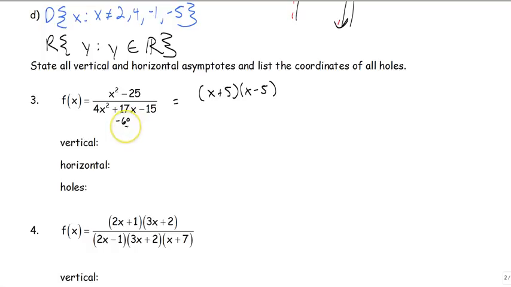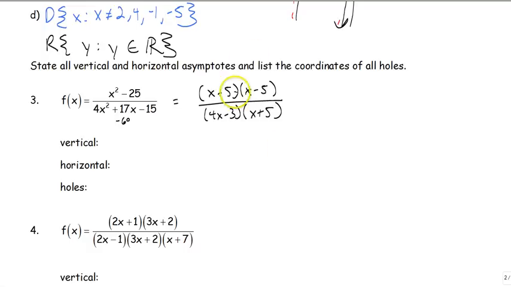How about 20 and 3? Yep. So if you do Batman or splitting the middle term, you should. I'm just going to do the guess and check method. You get this: x plus 5 and 4x minus 3. So you get 4x squared minus 3x plus 20x, and then minus 15.